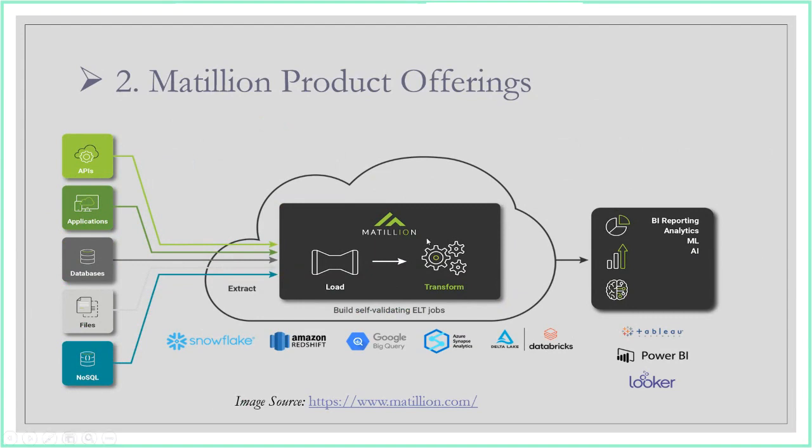So they don't allow Matillion for Google BigQuery to be launched in AWS. If you want to use Google BigQuery as a cloud data warehouse, you'll have to launch your Matillion in the GCP cloud. Similarly, if you want to use Matillion for Redshift, you will have to launch your Matillion in an AWS cloud environment.